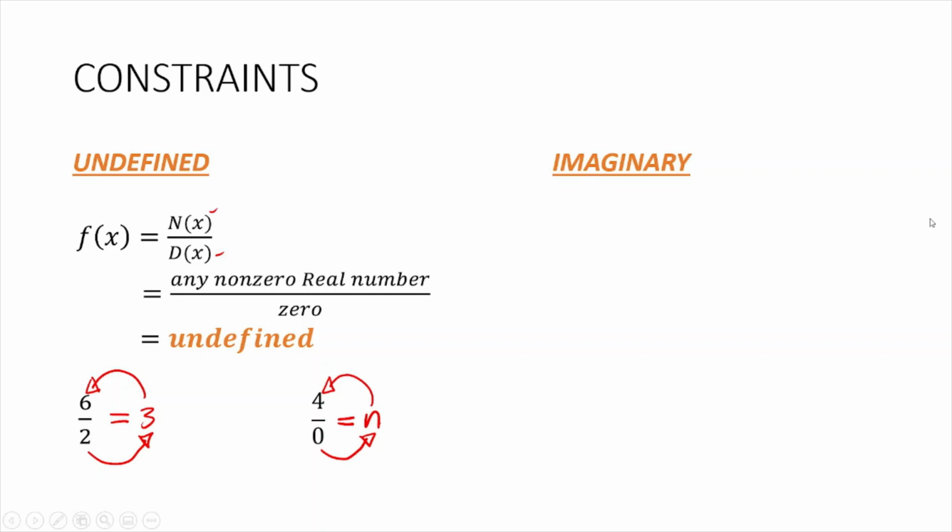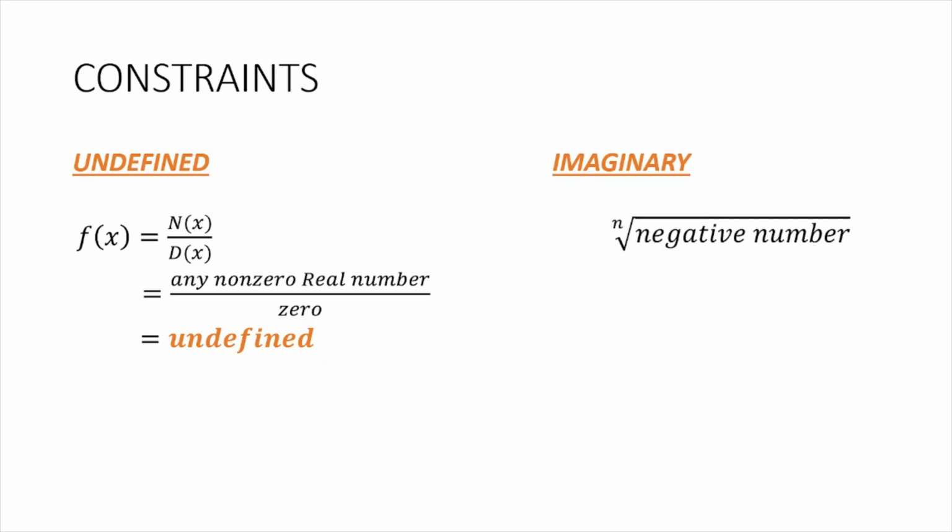Aside from undefined function values, we also don't want our function to be imaginary. So an imaginary number basically results when we have an even root of a negative number, like square root of -1, right? So this is something to do with radicals.